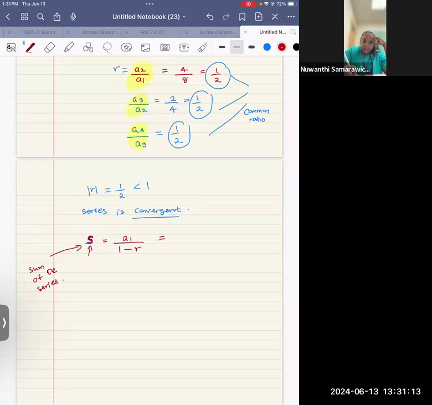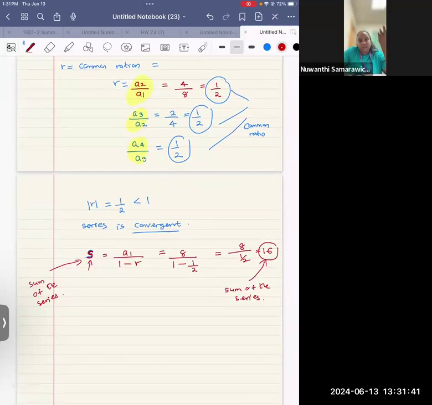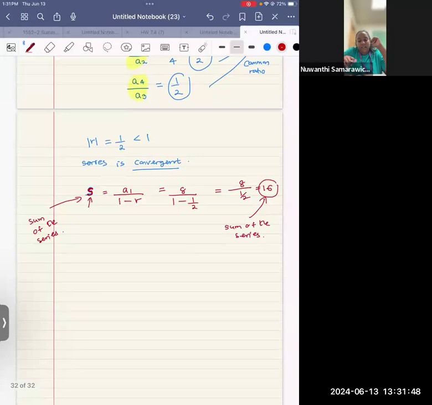The first term is 8, divided by 1 minus the common ratio, which is half. So it is 8 divided by half, which is 16. This is the sum of the series. So you see, 16 is like a finite number. That's why we say the series is convergent.